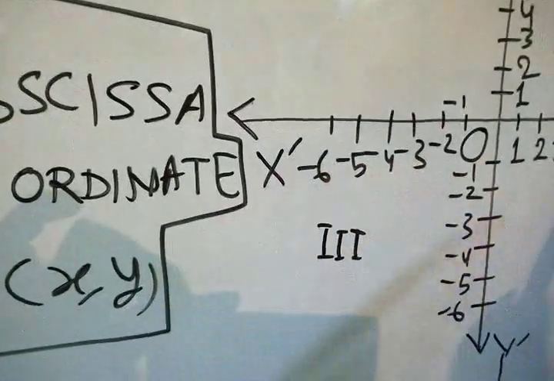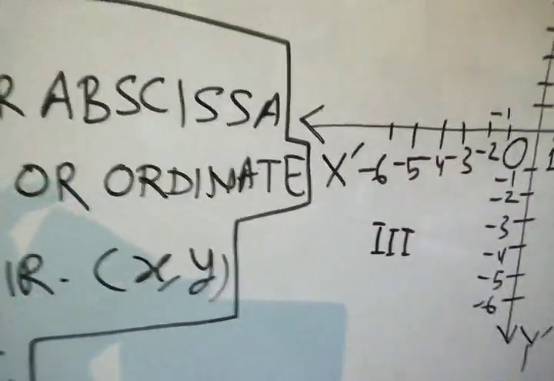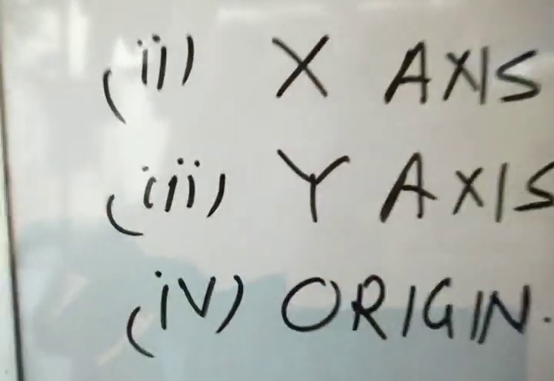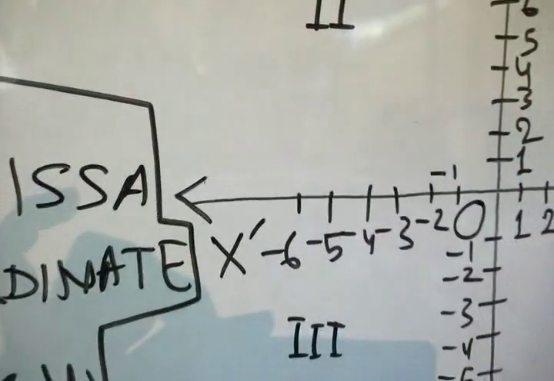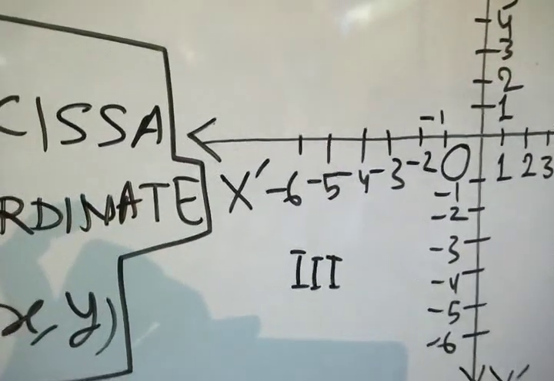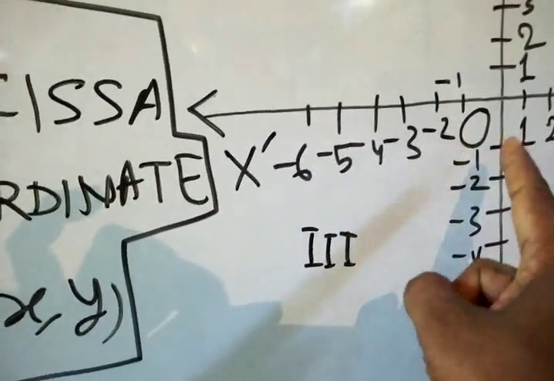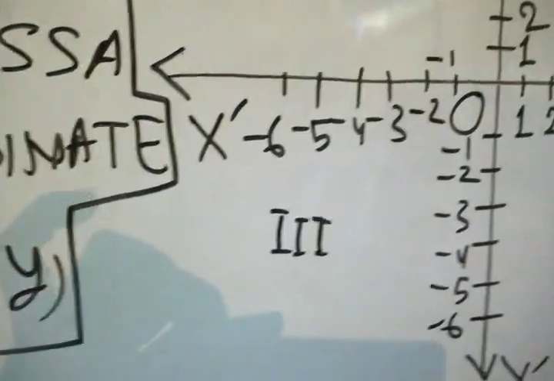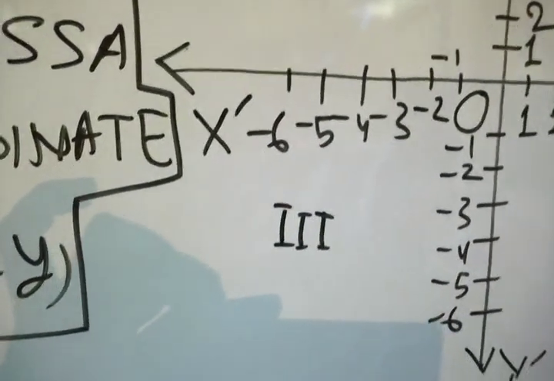So horizontal is the x axis and vertical is the y axis. Then origin: because both are perpendicular to each other, they intersect at O. This O is called the origin of this plane.